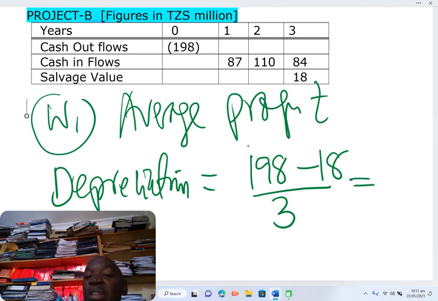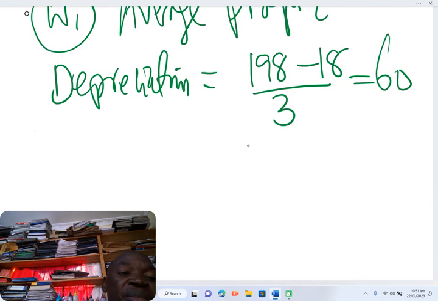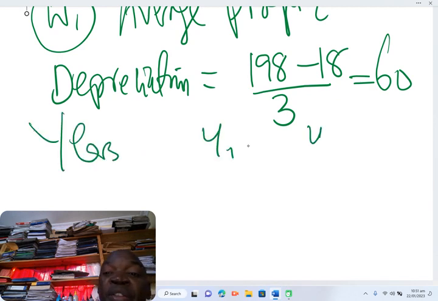Depreciation here is 198 minus 18 divided by 3, 60. Depreciation is 60 per year. So possibly we can now estimate here. We have year 1, year 2, year 3.